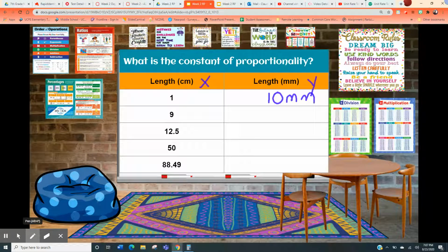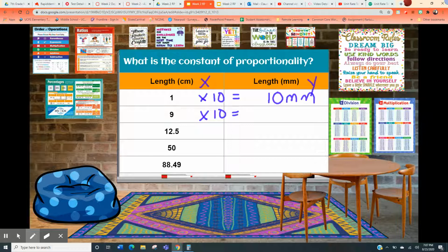So if I were to do 1 times 10, it would give me 10. We want to work our way all the way down. Now, 9 times 10 would give us our next answer.